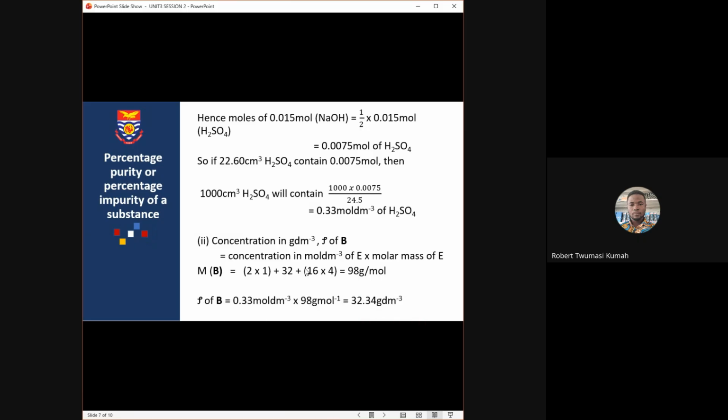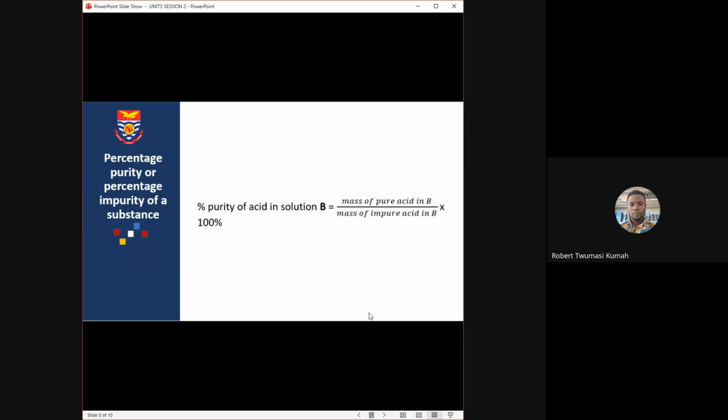So we put in our values, it gives us 32.34. So what it means is that out of that 37 that was used in preparing the solution, it is 32.34 that is pure sulfuric acid. So it means that we have a certain percentage of impure substance in there, but we can convert this into percentage by dividing this by the total mass that was used times 100.